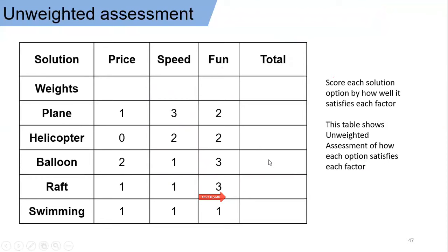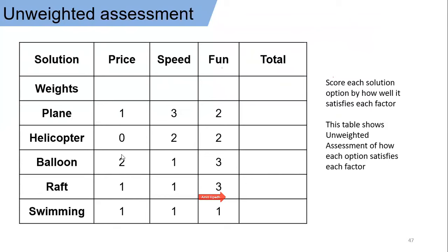Here's how you do the unweighted assessment, right? So you put certain criteria there. You say price is one criterion. Let me show you the criteria over here. You've got multiple criteria. You've got price, you've got speed, you've got fun. Those are the three criteria. And then you rate each one of these options on how costly they would be, how fast they would be, and how much fun they would be, right?